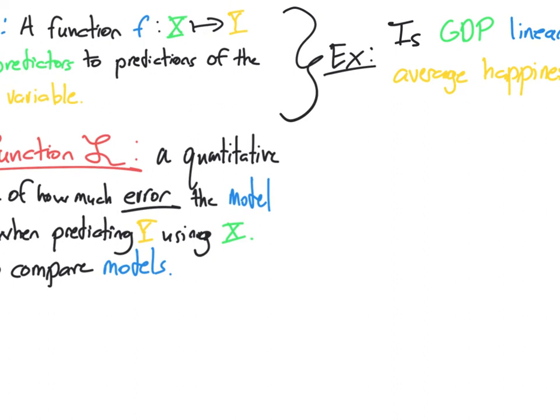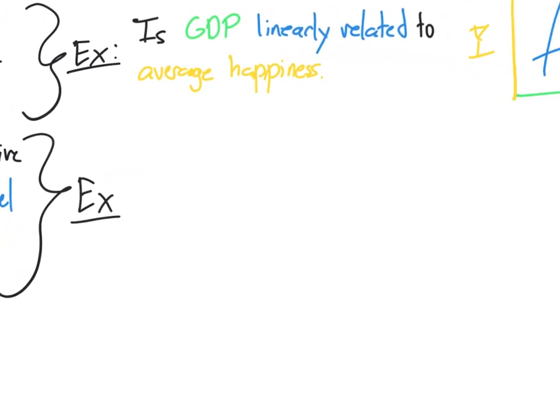So let's look at a few examples of this. Here are a few examples of loss functions that you might not necessarily think about in this technical way, but let's give it a shot. Let's think about the Titanic.